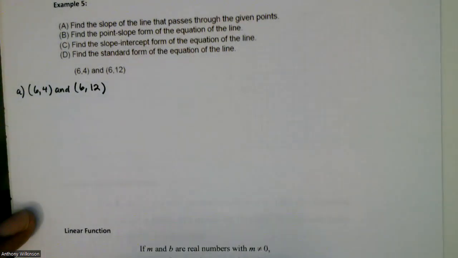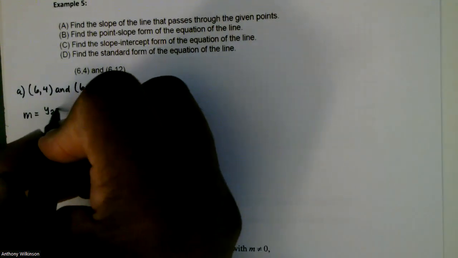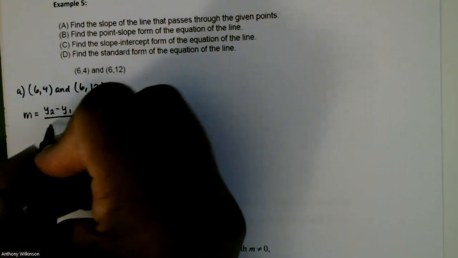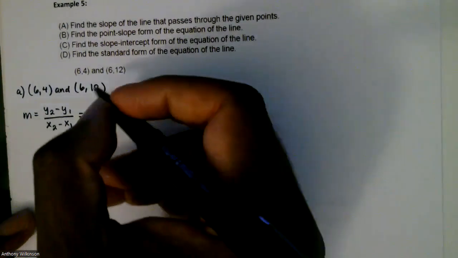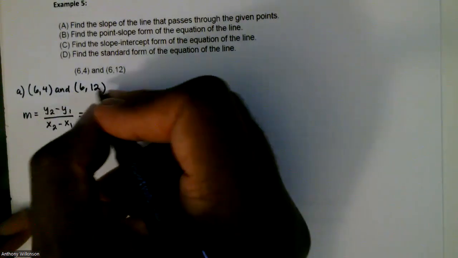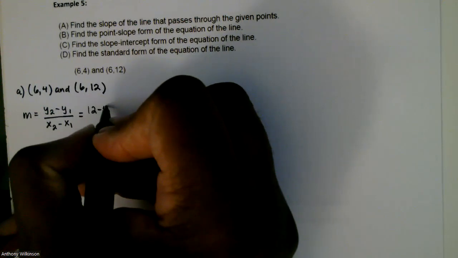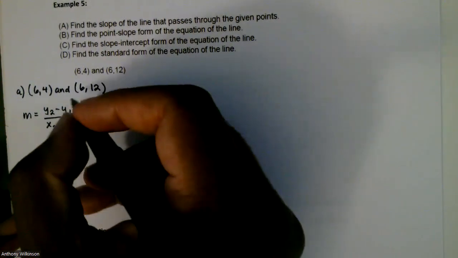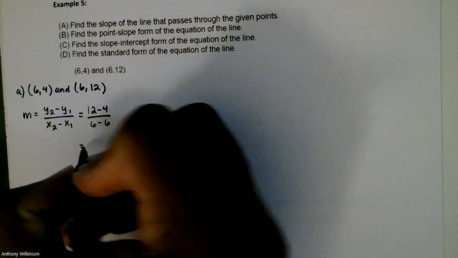All right, so finding the slope, we use y2 minus y1 divided by x2 minus x1. So y2 minus y1 would be 12 minus 4 over x2 minus x1, 6 minus 6.